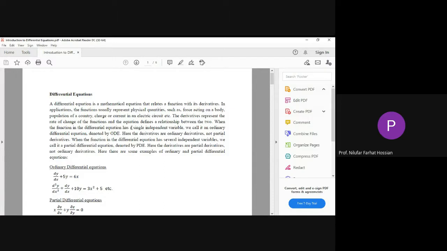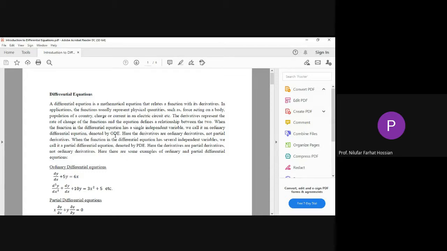So if the function in the differential equation has only one independent variable, we get an ordinary differential equation, which is in short denoted by ODE. An ordinary differential equation involves only two variables. One is the independent variable, normally we take it as x, and the dependent variable as y.